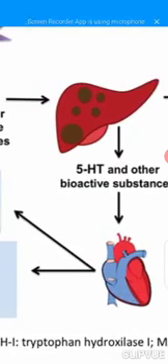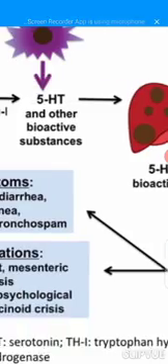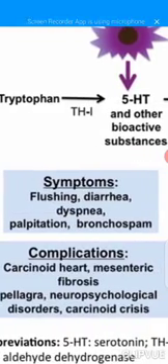And serotonin is a bioactive substance resulting in the problems that are associated with carcinoid syndrome. I'll be discussing this extensively in part 2 of this video, where I will also be talking about malabsorption syndrome, peptic ulcer disease, acute and chronic pancreatitis, and other related disorders.